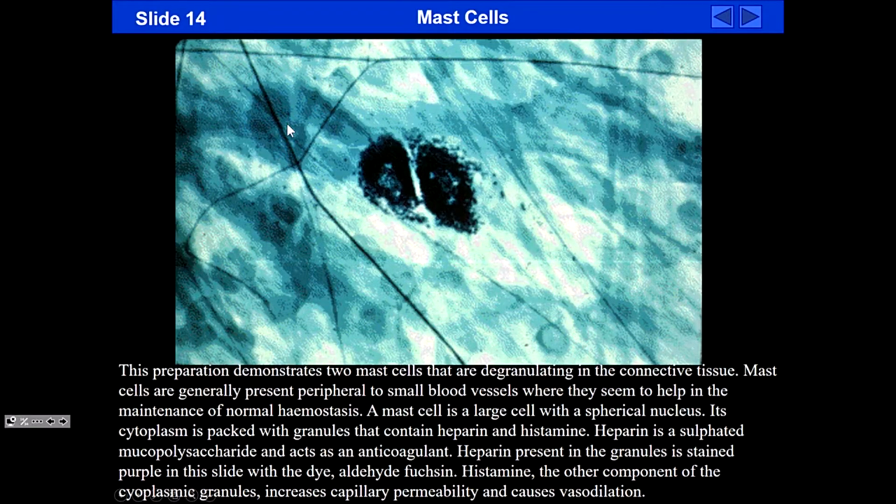In addition to the histamine, which causes the localized edema, there's heparin, which is an anticoagulant, so you don't want things to clog up there. You want fluid to be able to flow into that location.